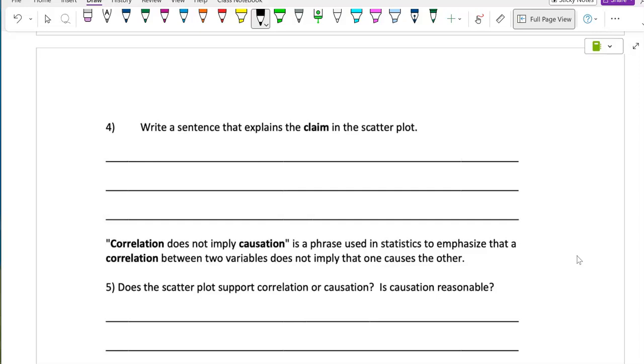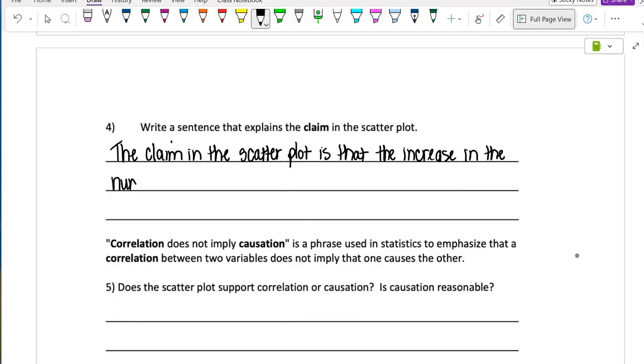So actually the claim in the scatter plot is that the increase in the number of storks is causing the increase in the number of babies.